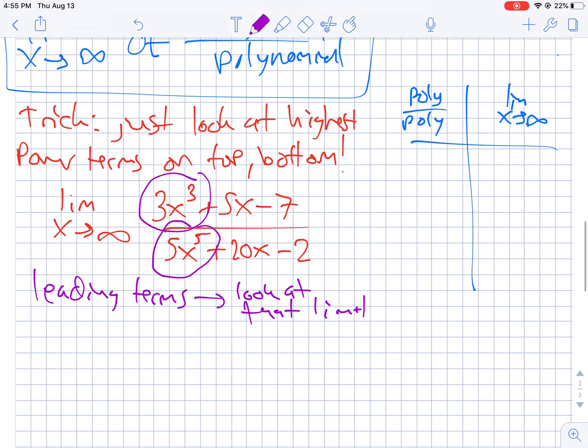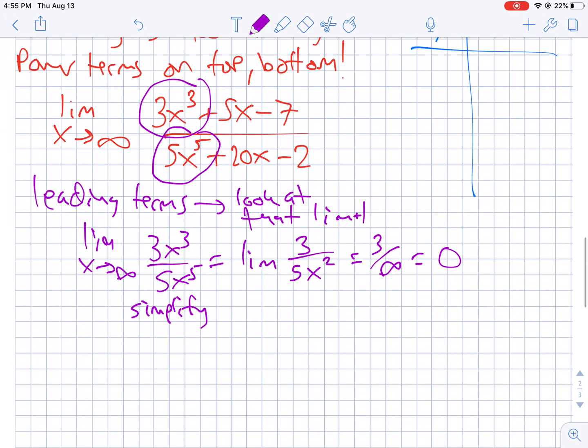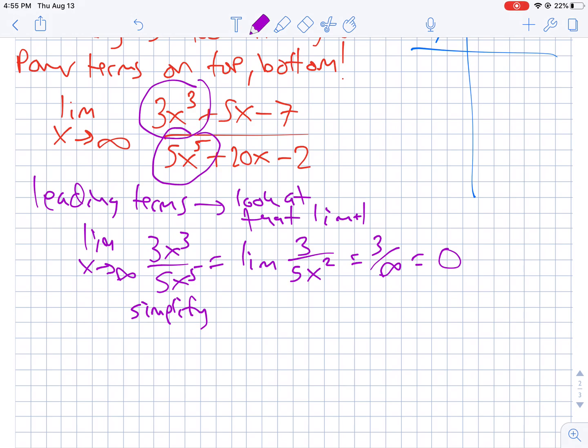Okay, so you just take the limit as x goes to infinity of 3x cubed over 5x to the 5th. One thing I would recommend is to simplify, so cancel off the x cubes, and this just becomes a limit of 3 over 5x squared, which just goes to 3 over infinity, which of course is 0. And actually one thing that's also true, this will always happen whenever you have a higher power term on the bottom.